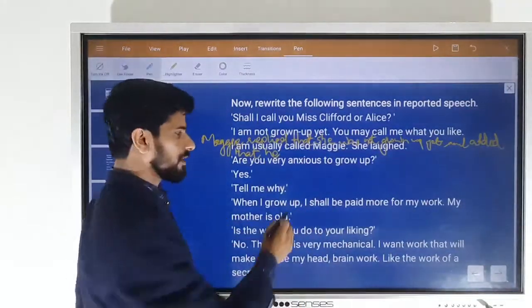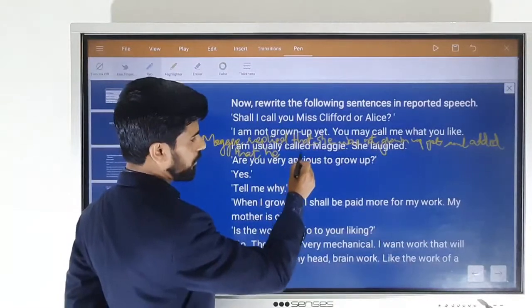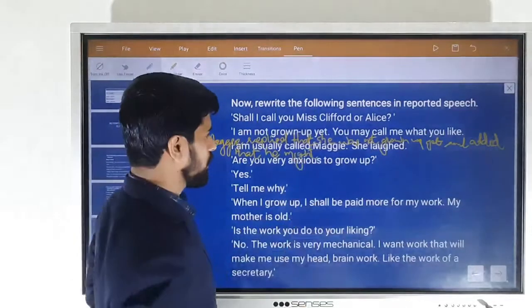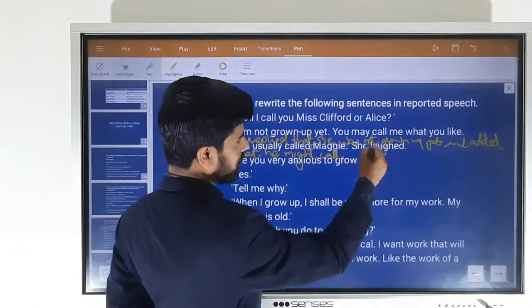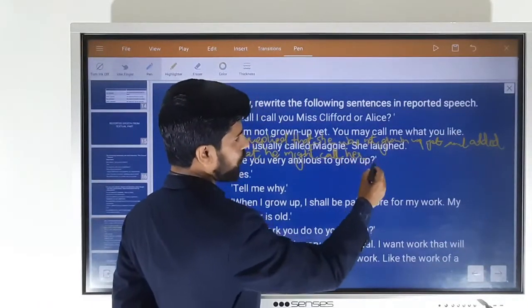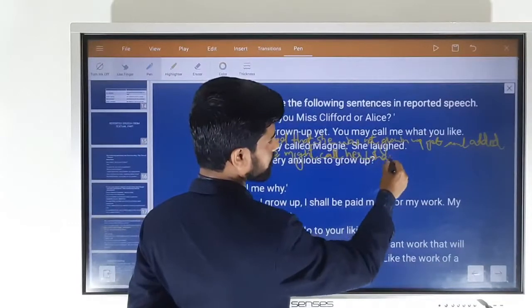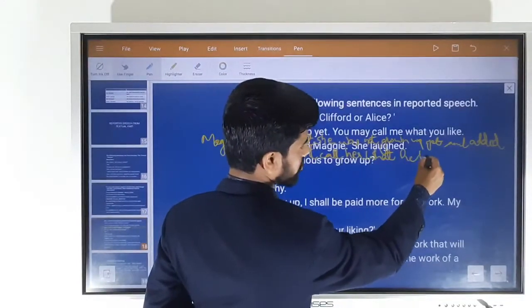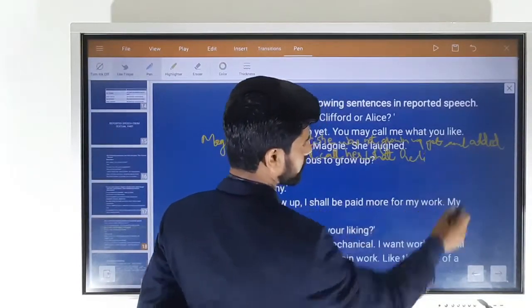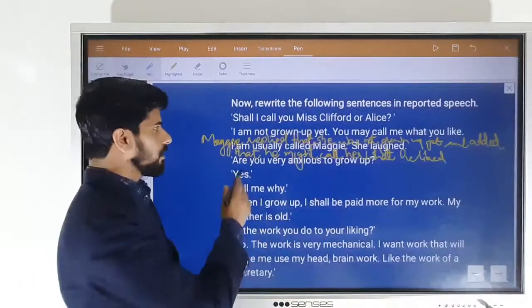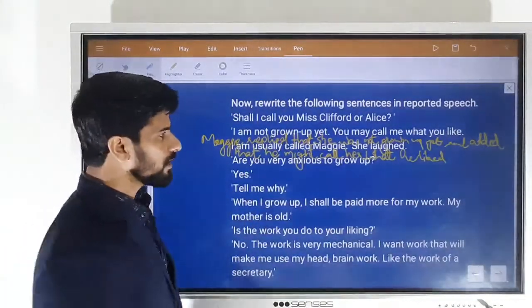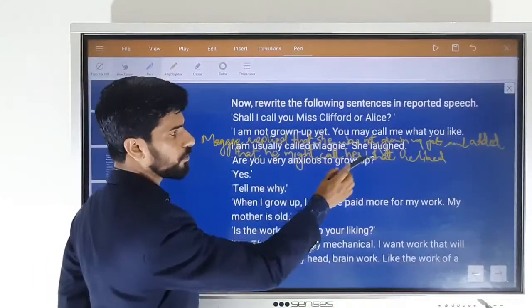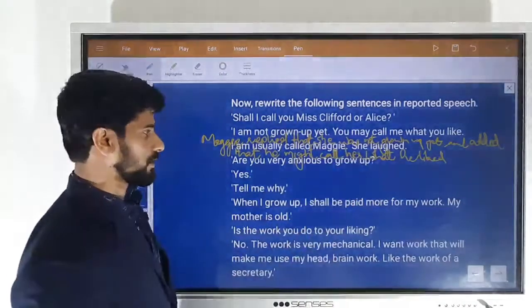Instead of may, you can write might, the past form of may. Might call her what he liked. Understood? Then he might call her what he liked. So instead of the full stop, you can add and added that.